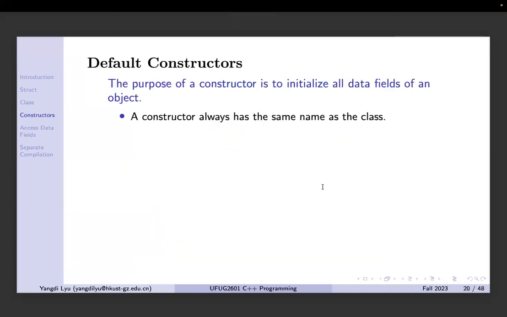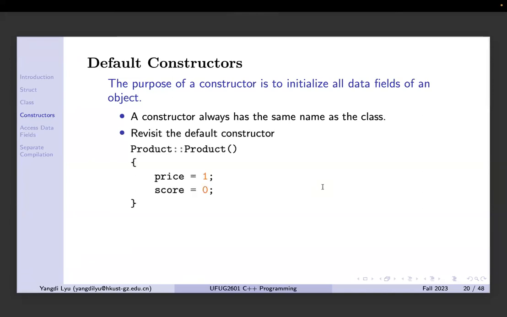All right, let's go to the constructor. Constructors are actually very complex compared to normal functions. A constructor initializes all the data fields of an object. It has the same name as the class, such as this one. We have a default one with no arguments, no parameters, and we can give some initialized values.